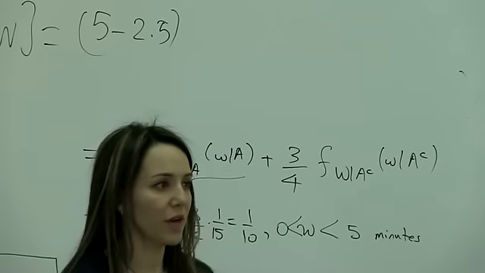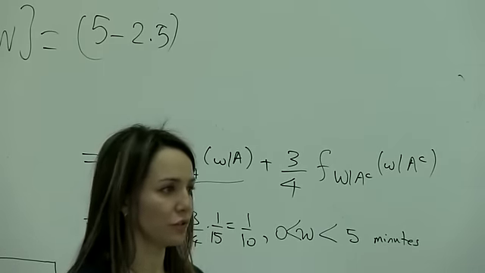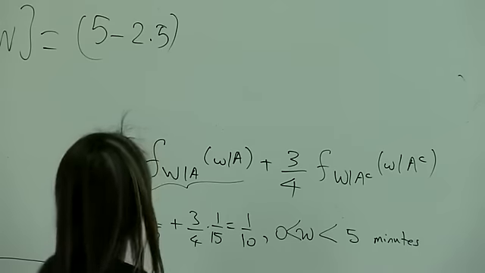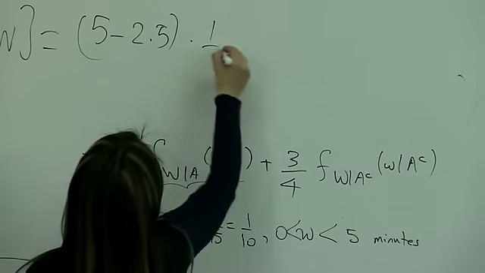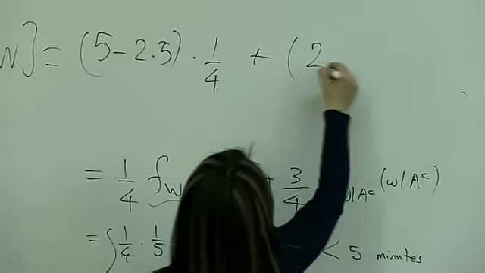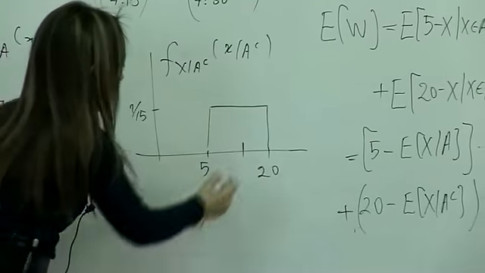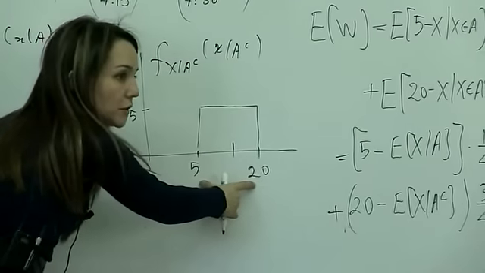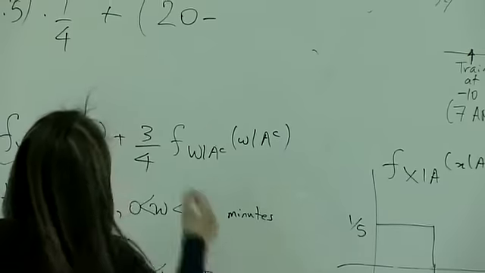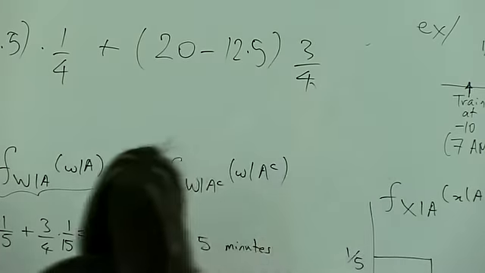On average, you'll be arriving at the center of the interval, which is 2.5, and you'll be waiting for 2.5 minutes, times 1 over 4, plus 20 minus the expected value of x given A complement, which is the middle of this interval, 12.5, times 3/4.